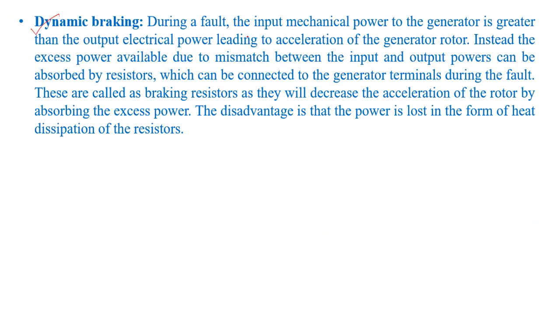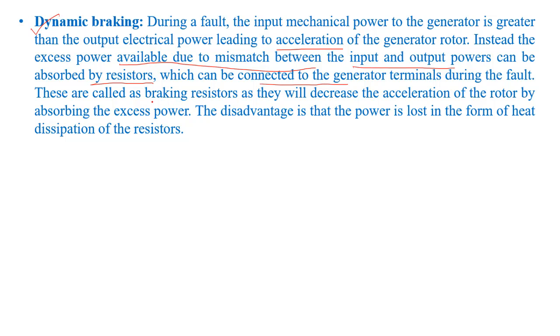During a fault, the input mechanical power to the generator is greater than the output electrical power, leading to acceleration. So when the fault occurs, the mechanical power becomes greater than the electrical power, and therefore the rotor accelerates. The excess power available due to this mismatch between input and output powers can be absorbed by resistors, which can be connected to the generator terminals during the fault.